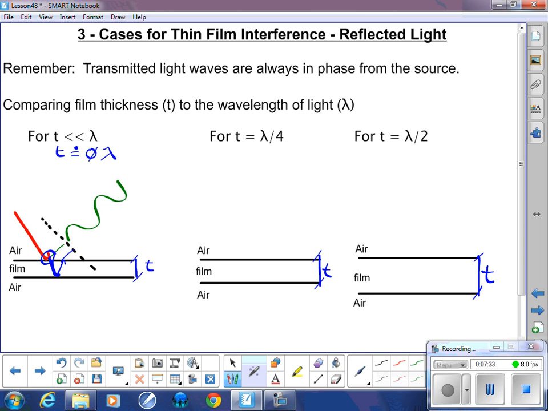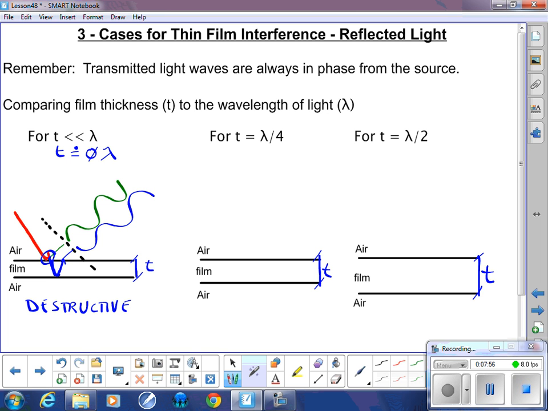So as it comes out here, it now transmits as a trough. That means it actually starts and looks like this. So it is actually reflected out of phase. This results in destructive interference.